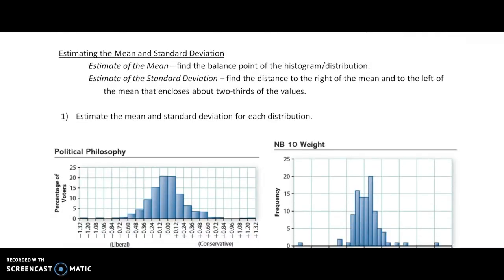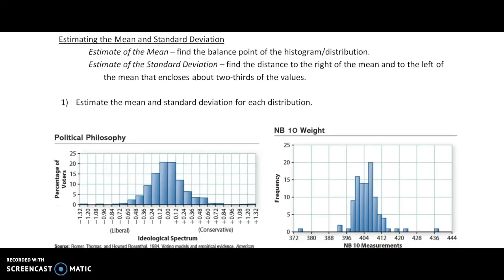So first we're going to talk about estimating the mean and standard deviation. On your notes here, we estimate the mean by finding the balance point of the histogram distribution. So we kind of want to see what's in the middle. Balance point: if I were to take my pen or pencil and try to balance it on my finger, I want the weight on each side of my finger to be the same. They may not necessarily look the same, because if you're using a mechanical pencil, one end has that eraser and the clip, if you didn't actually break that clip off.